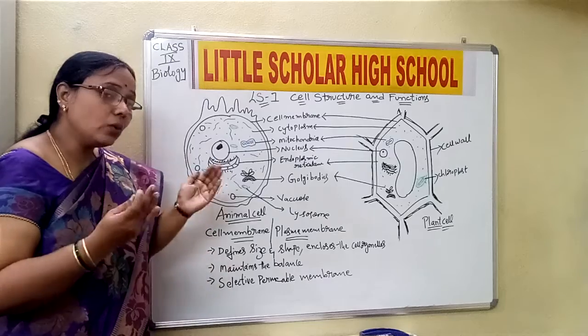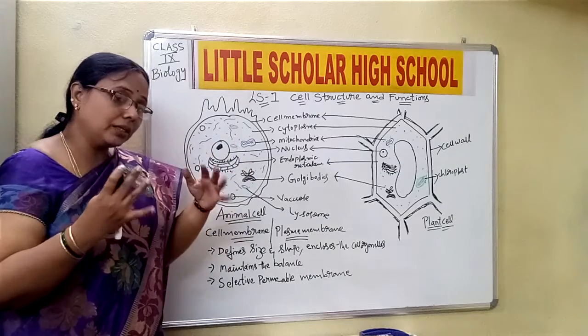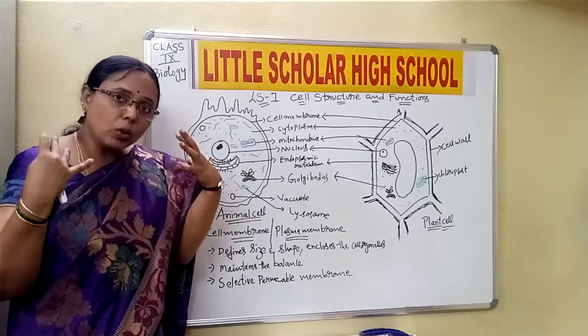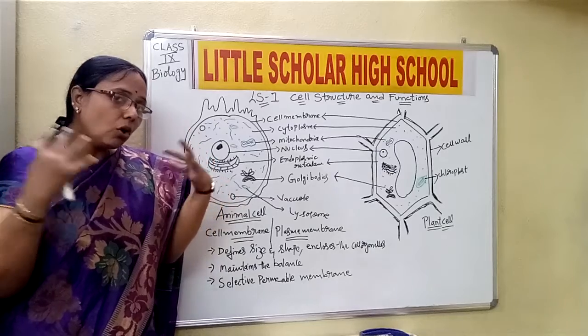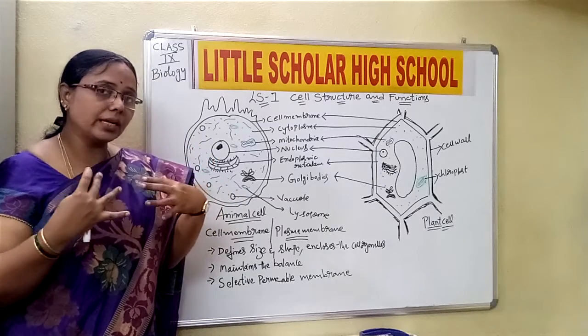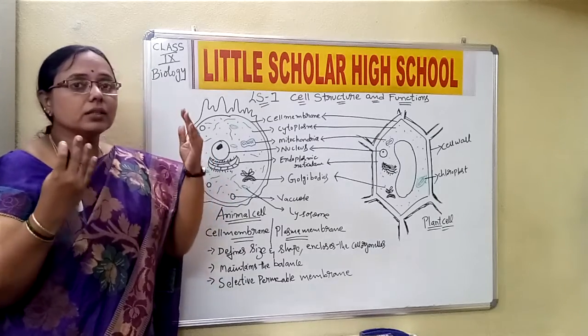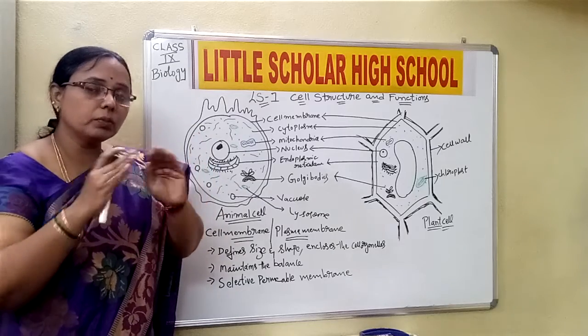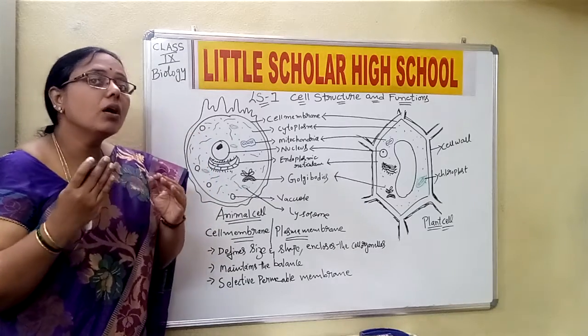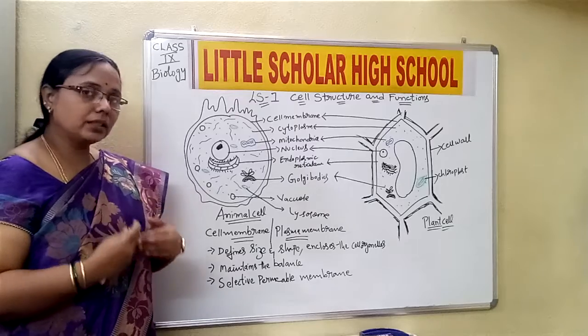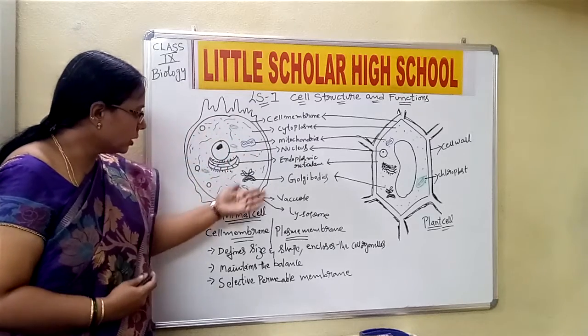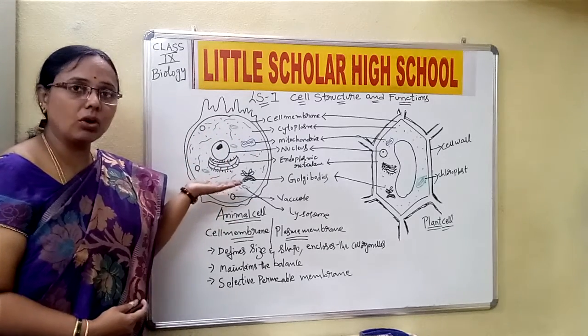Now, as our skin covers all the organs present inside our body, in the same way the cell membrane covers and protects all the cell organelles inside the cell. Now when you look at the plant cell, we have many cell organelles.